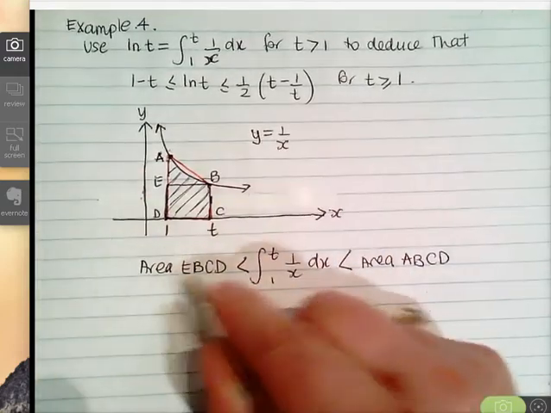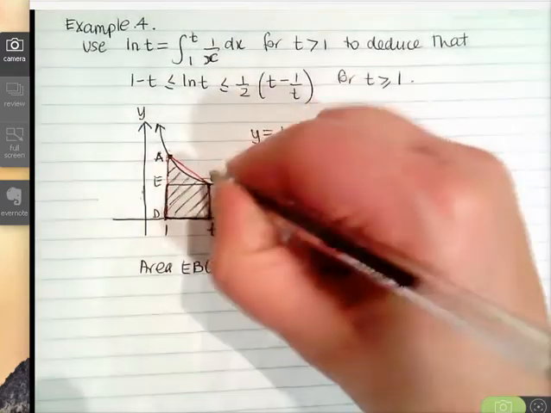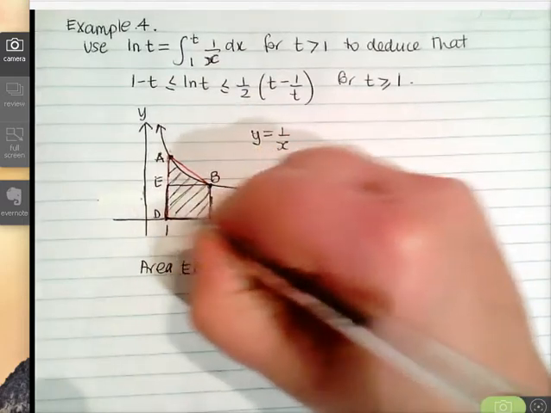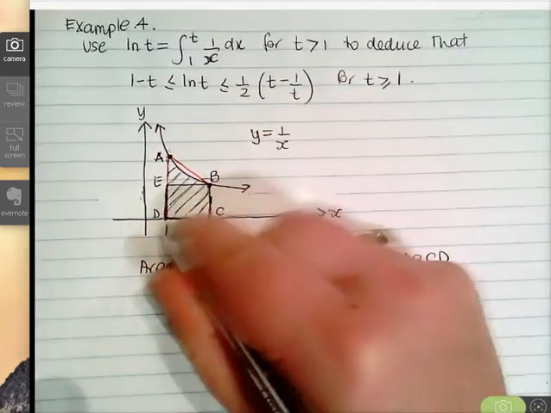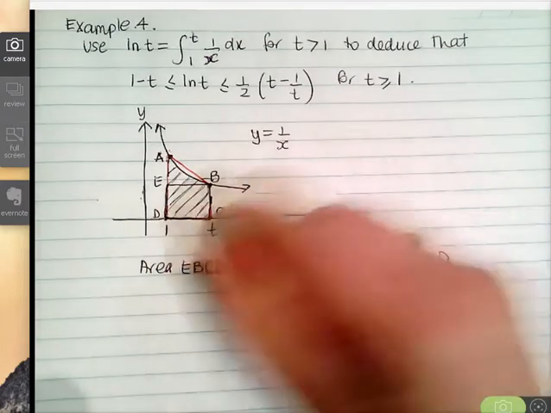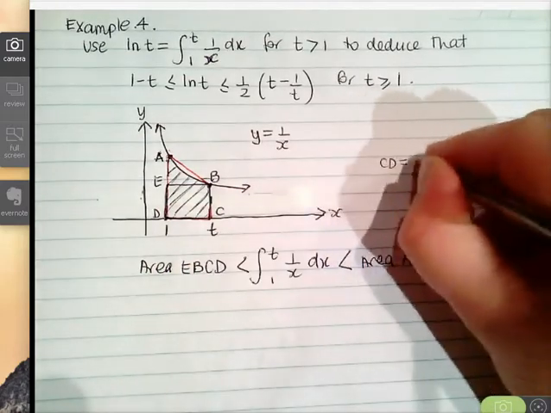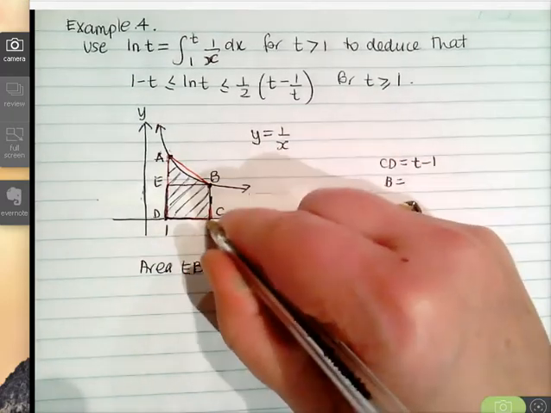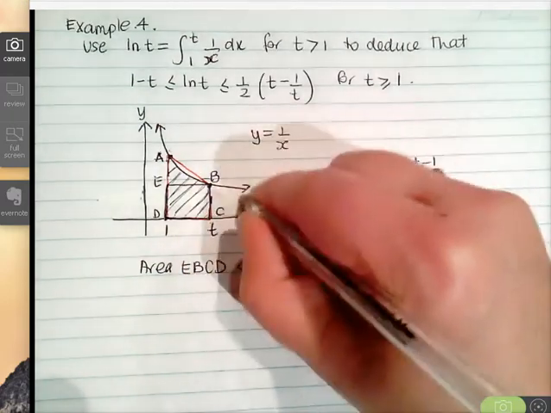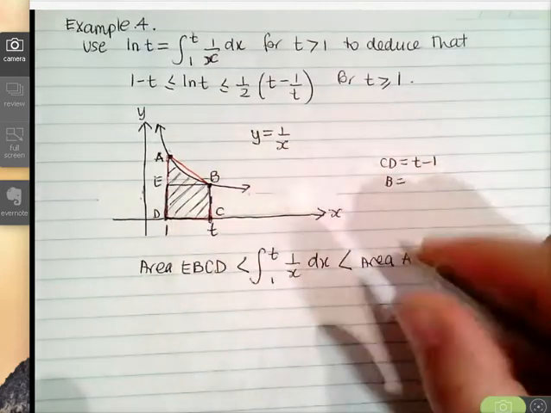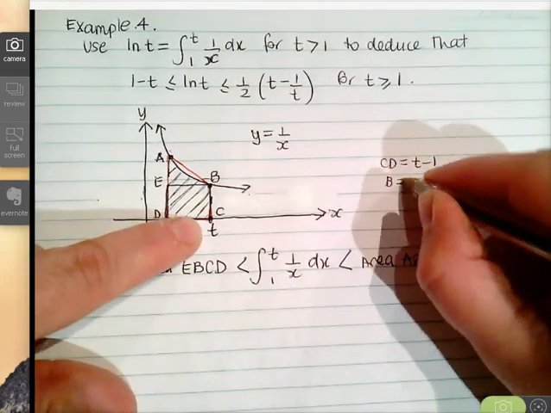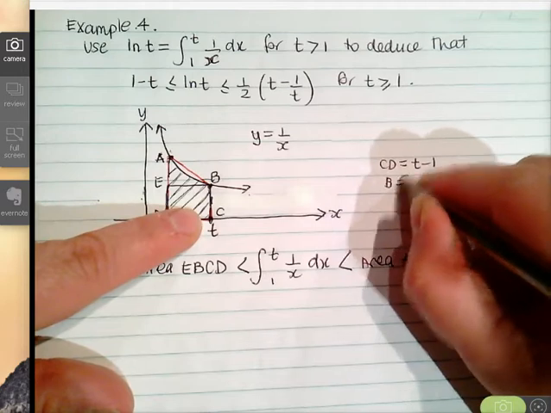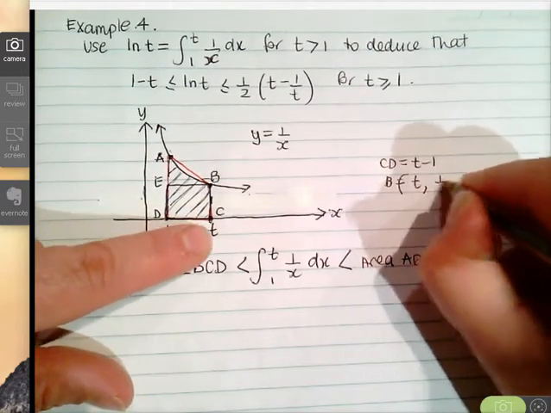All right, let's do the area of EBCD. We know that the length CD, it's just a rectangle, so that area will be CD, which happens to be t minus 1. The coordinates of point B: this is the curve y equals 1 on x, and at the value x equals t, the coordinates of B will be t, 1 on t.